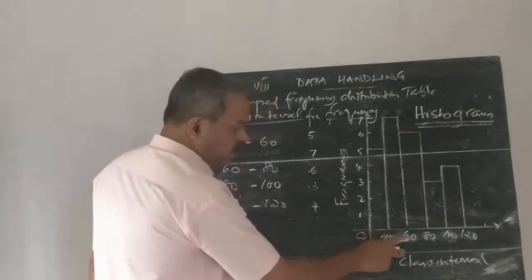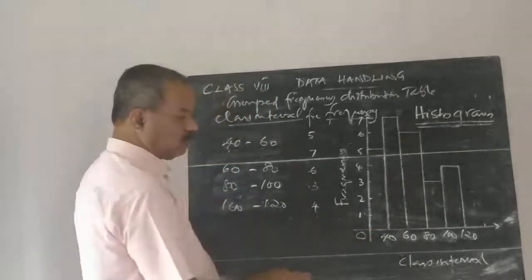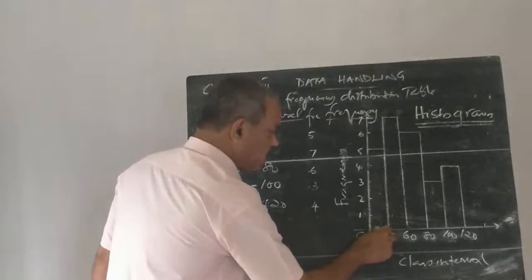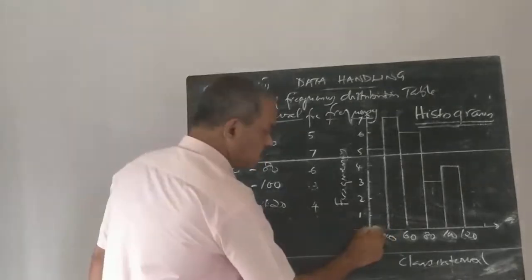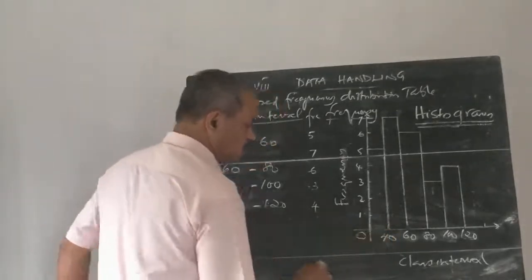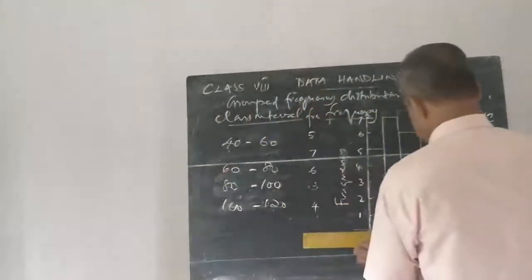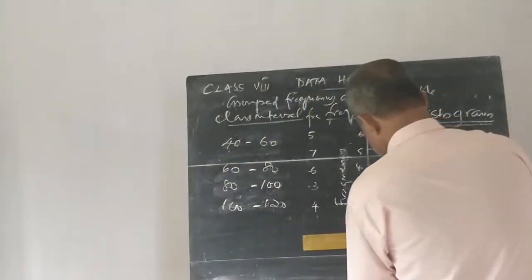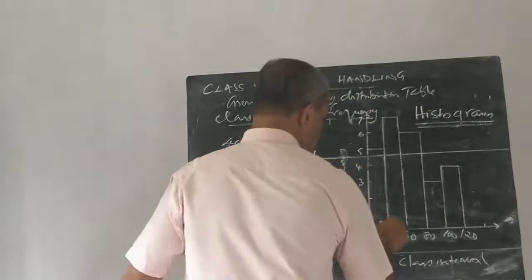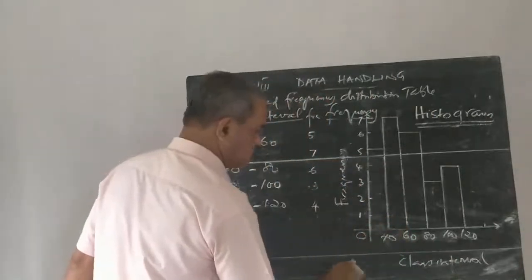To make this score independent of the origin, put a broken line here, at the beginning. This is the actual line, put a break here, like this.